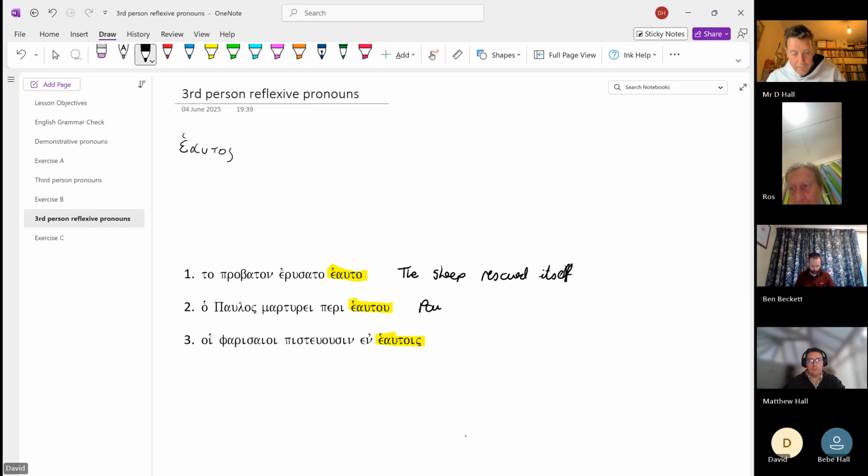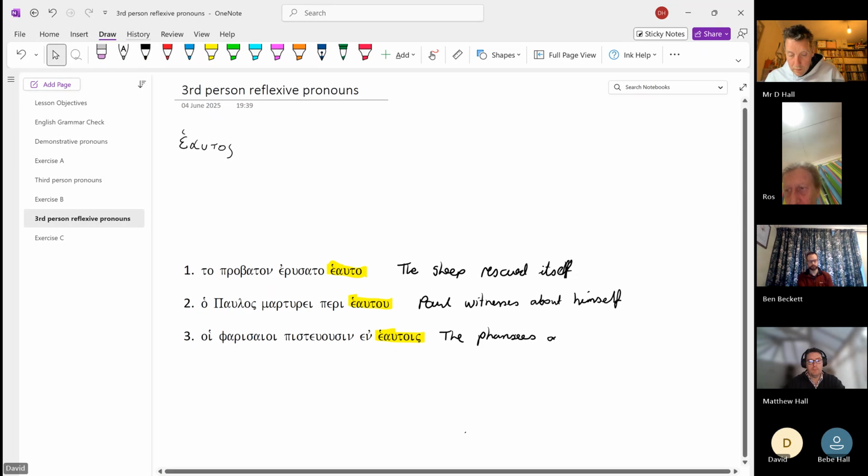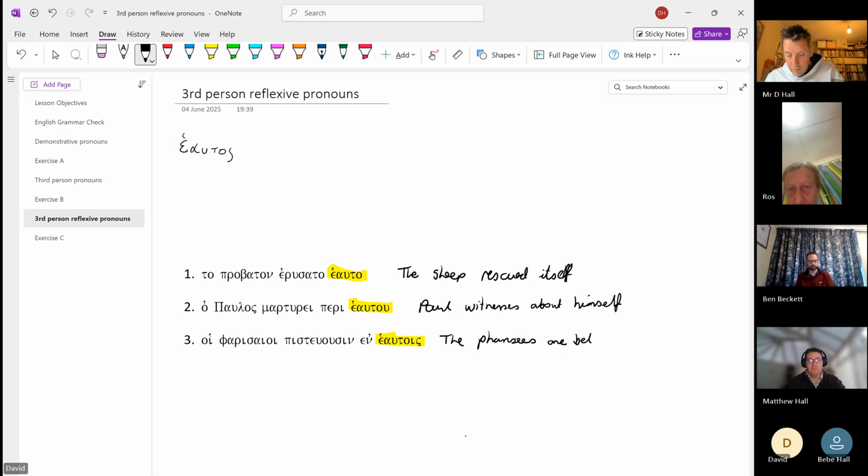And Paul witnesses about himself, and then the Pharisees are believing in themselves. Okay, so it looks a bit like the third person pronoun. So if you get an epsilon in front of it, it's just a reflexive pronoun.